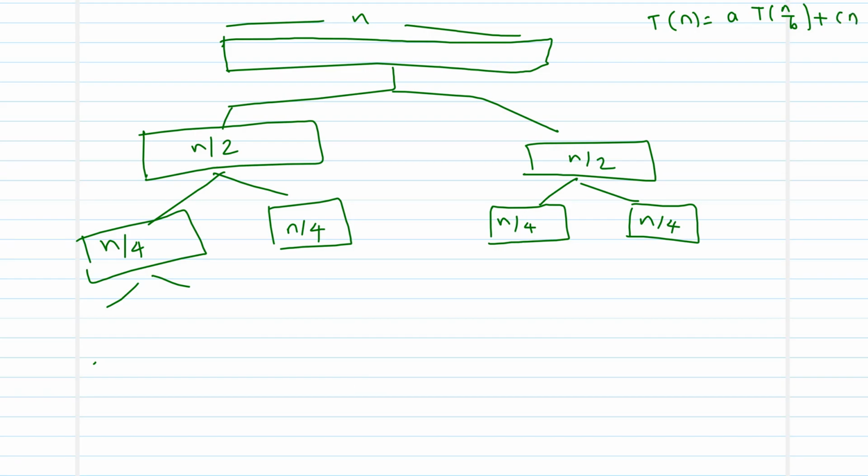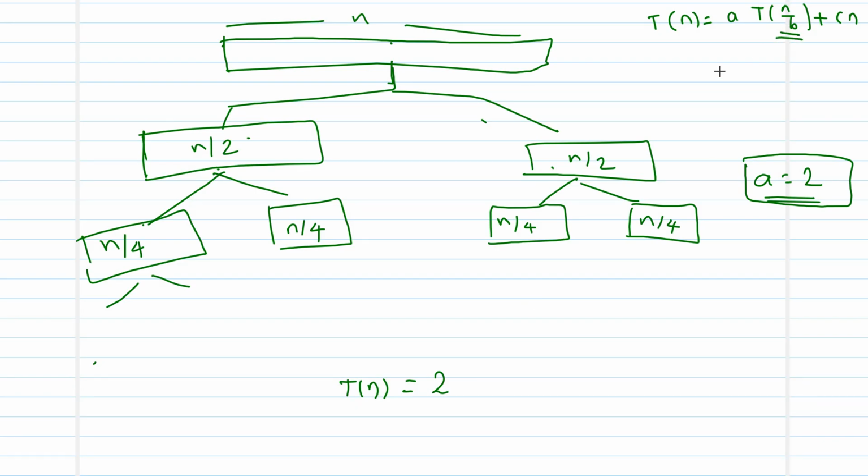Now, a is the number of subproblems we are dividing into. One problem is divided into two subproblems, and each subproblem is again divided into two subproblems. Every time we divide one problem into two, so a became 2 here.